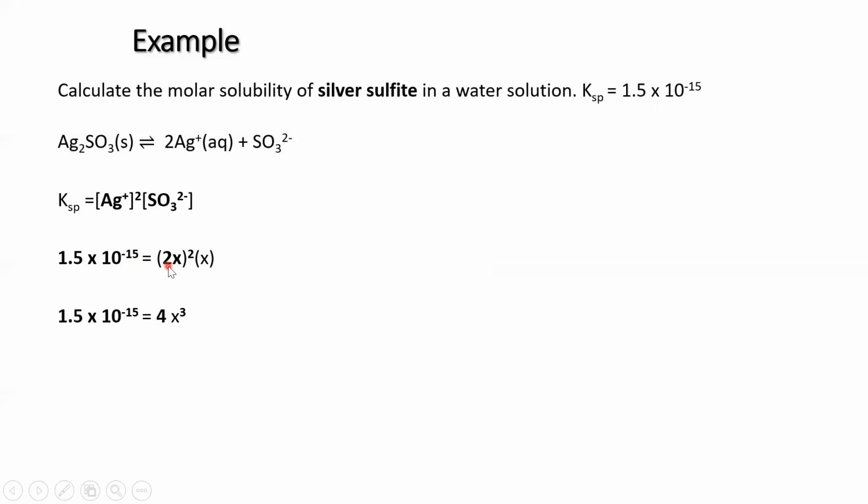The quantity 2x squared equals 4x squared times x equals 4x cubed.